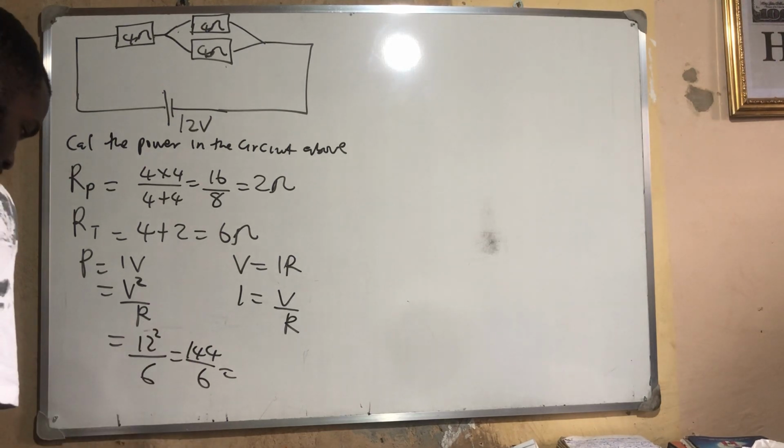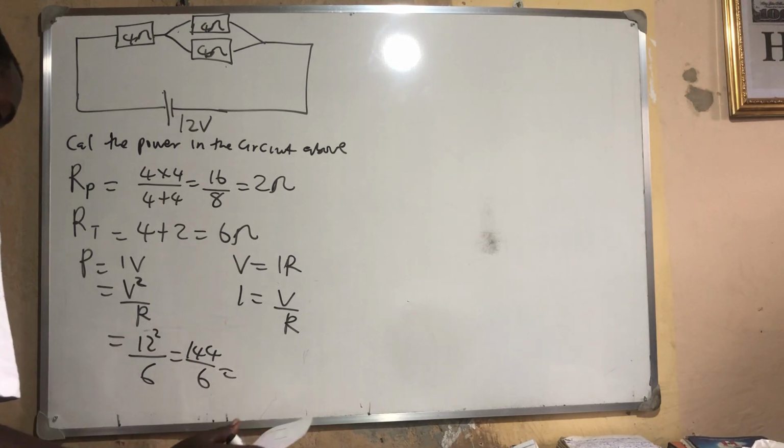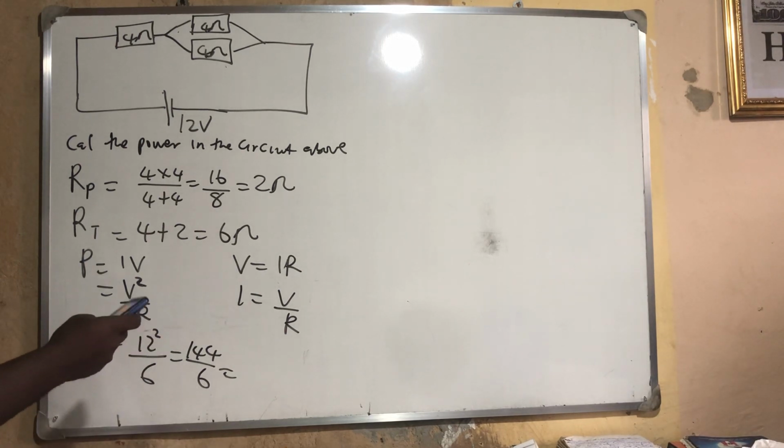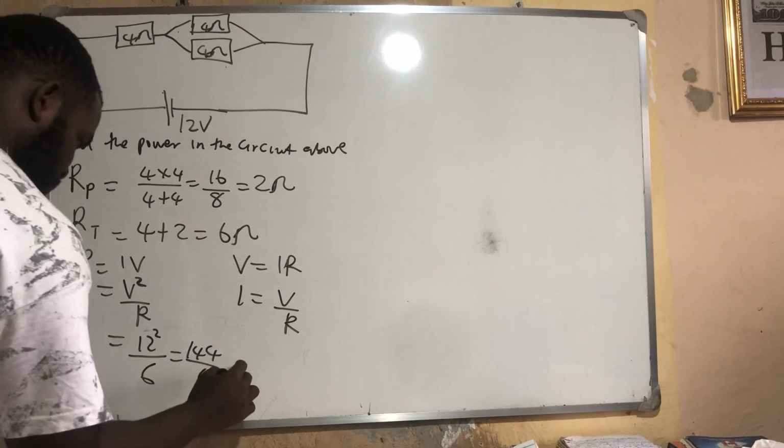Let me use the calculator. 144 divided by 6 is 24. So I have 24 watts.